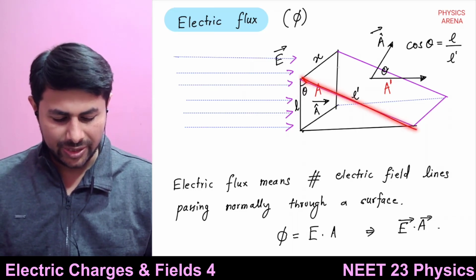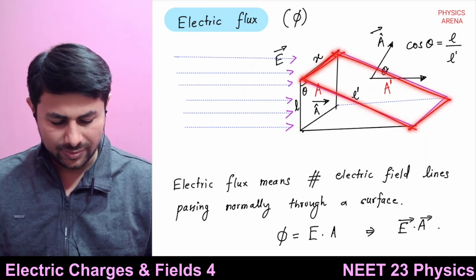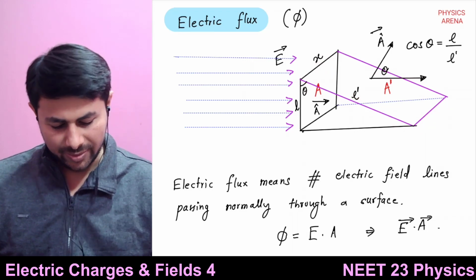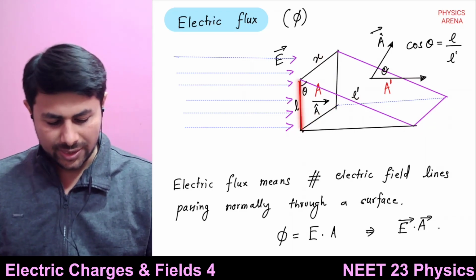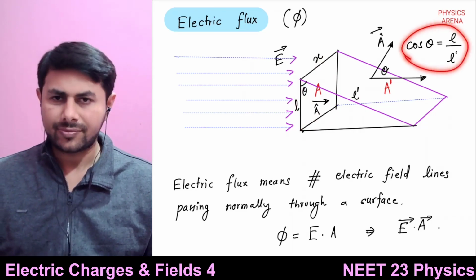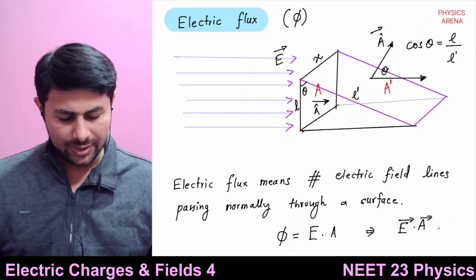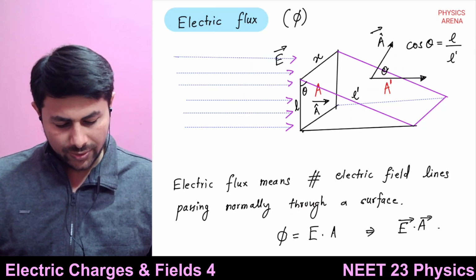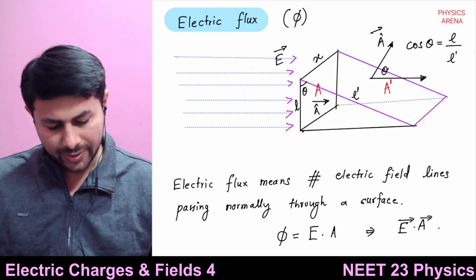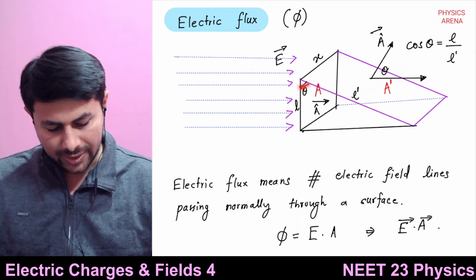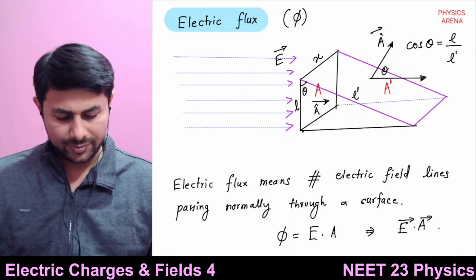It's the angle between these two areas, right? This angle is theta. So cos theta you can write like this. Okay, then this angle and this angle would be equal.